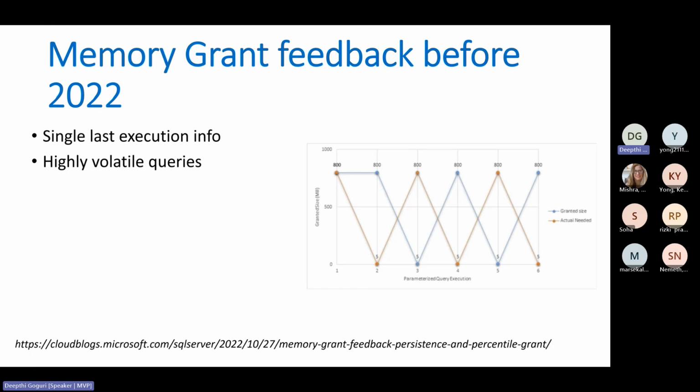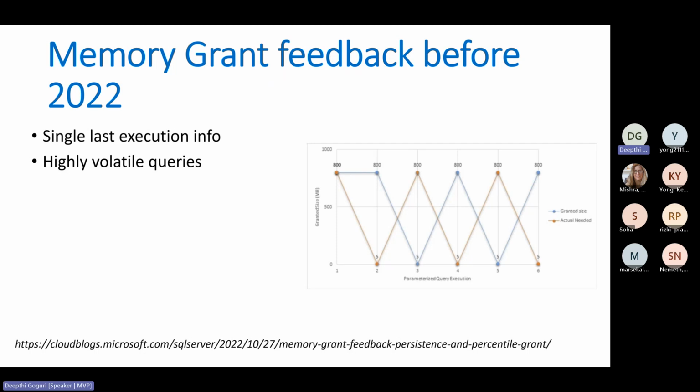But what if the next execution requires 800 MB of memory, right? If you see the diagram here, the first execution required 800, and then that information is actually saved. But the next execution only required 5 MB. But because it saved the last execution of 800 MB, it used to use that 800 MB even when it required only 5 MB.